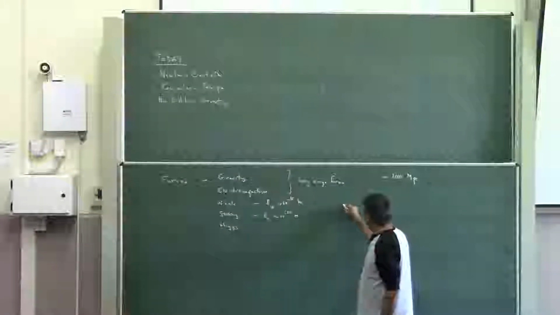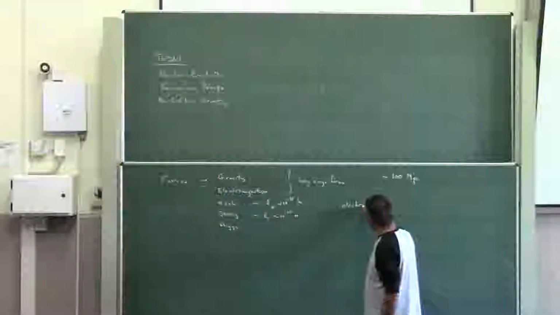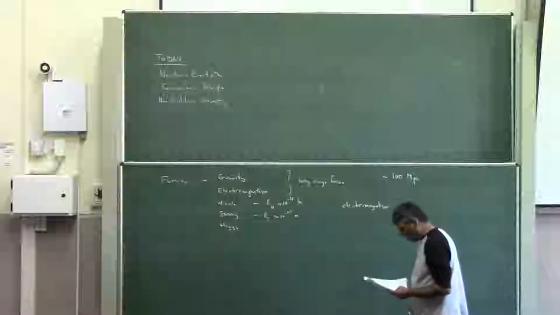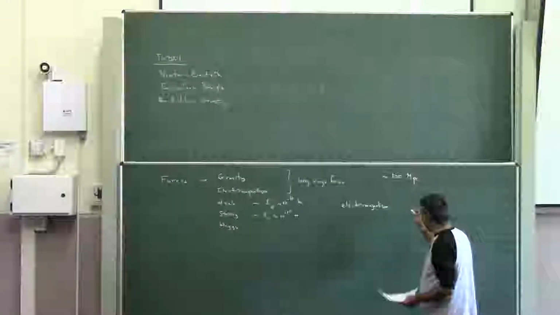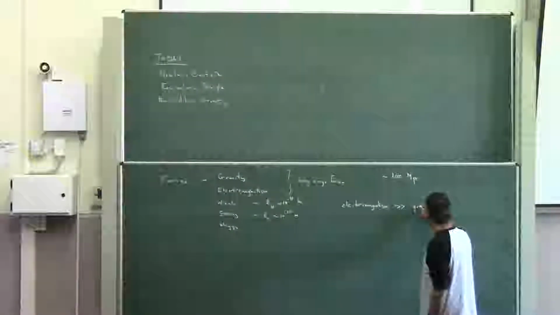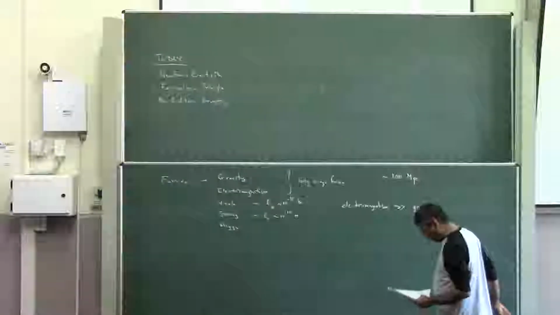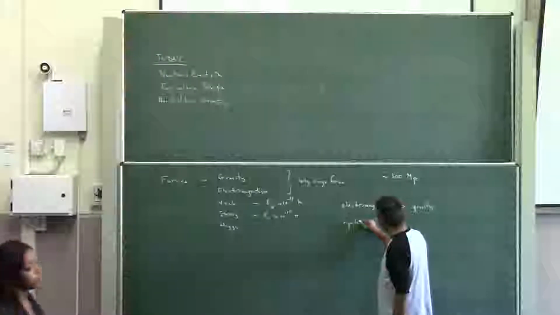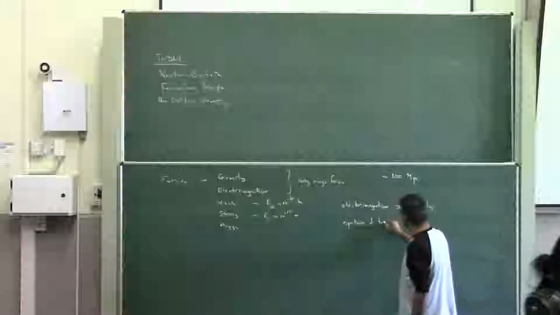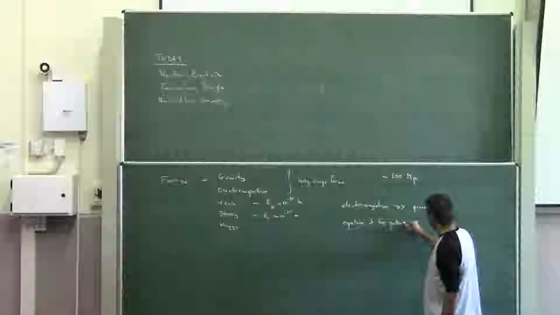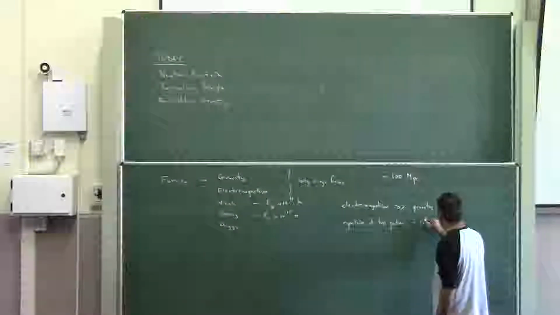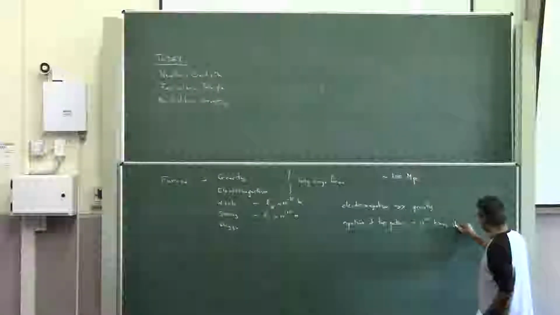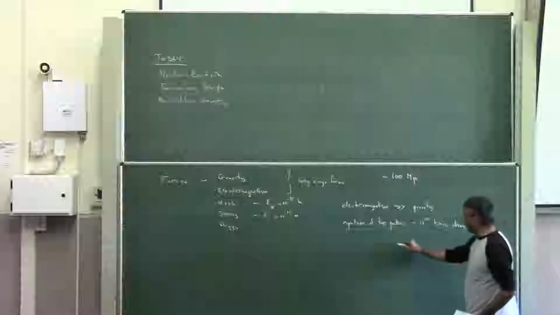Now, we know from our refrigerator magnets, electromagnetism is a much stronger force than gravity. We know, for example, the repulsion of a pair of protons, which both have a plus charge, is about 10 to the 36 times more powerful than the gravitational attraction.